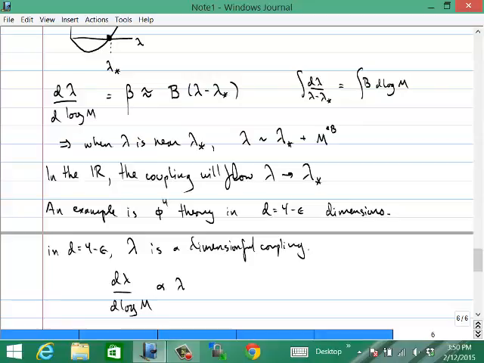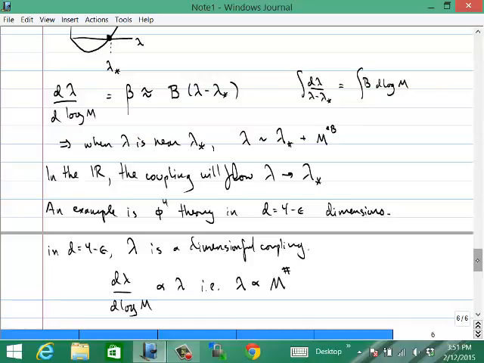So another way of saying this is that lambda scales like m to some power, which I call epsilon, or it's effectively d minus 4 here.